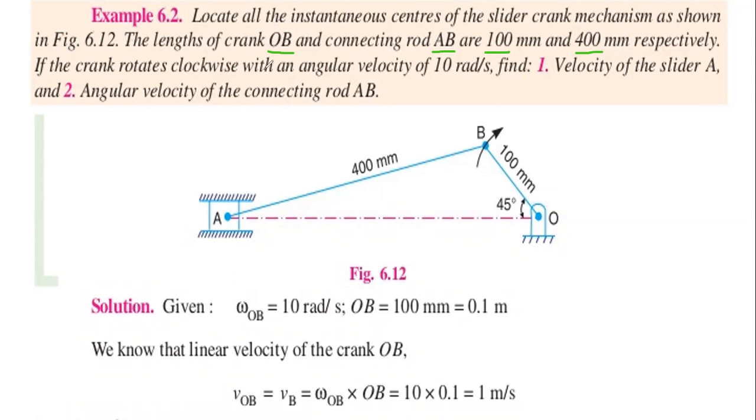If the crank rotates with an angular velocity of 10 radians per second, they have given the angular velocity of the crank, that is omega of OB. Then we are going to find the velocity of the slider and the angular velocity of the connecting rod AB. These two we are going to solve. First of all, from the given data, we are going to draw a diagram.